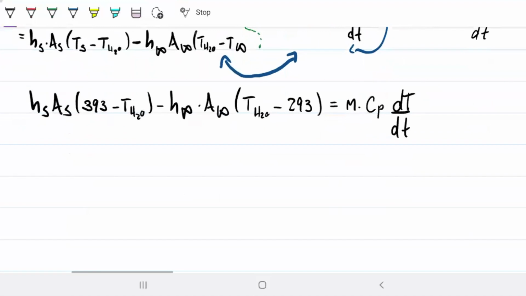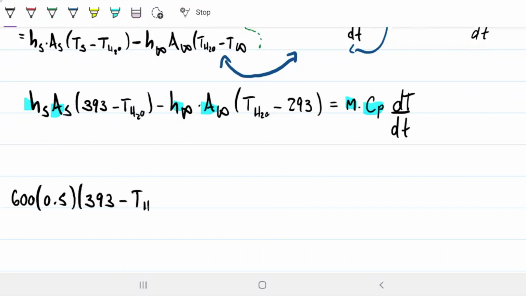Let's do that. So actually, we have all of these. We have this, we have this, we have this, we have this, we have this, and this. So I'll plug all of them. So my h for this steam is 600. The area of the coil is 0.5. This guy is 393 minus T water. This fella here is 10.